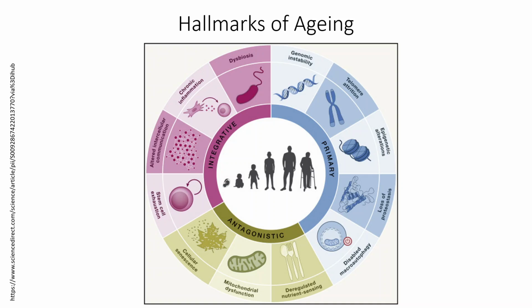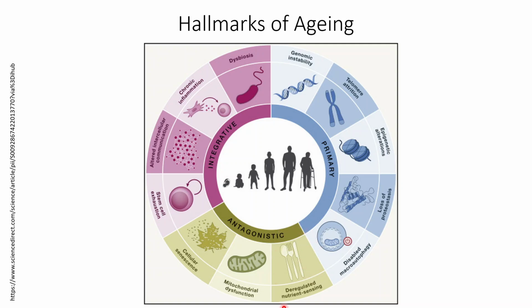Over time, cells are dividing, but there can be genomic instability, as you can see here. Genomic instability, telomere attrition, epigenetic changes, loss of proteostasis, and macroautophagy can be disabled.